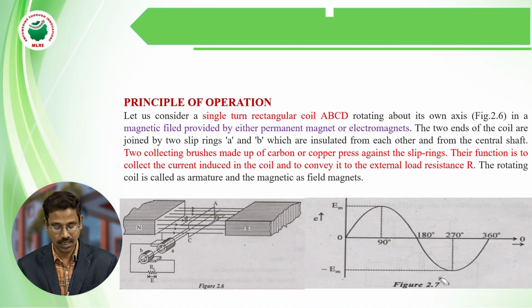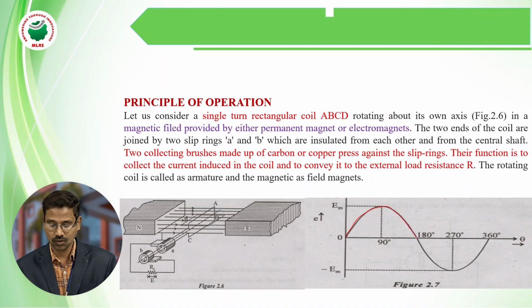Let us consider a rectangular shaped coil or conductor which rotates about its axis. When it is placed in the magnetic field, for one cycle, the EMF induced in this conductor is alternating.